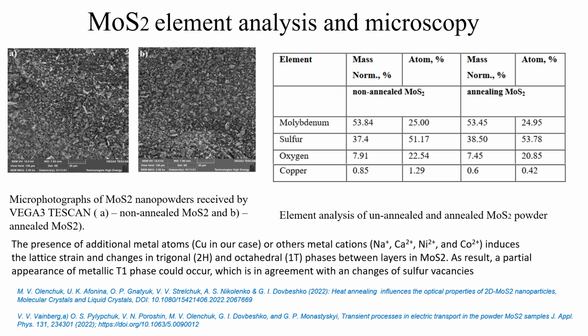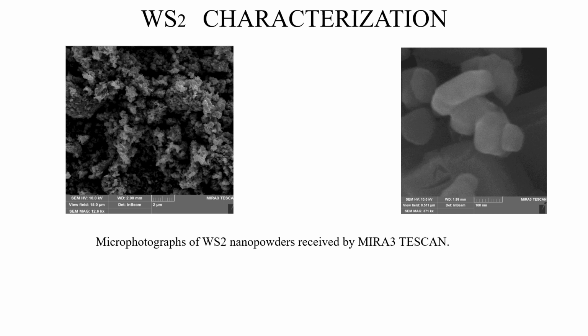Elemental analysis of the pristine molybdenum disulfide sample revealed the presence of sulfur vacancies, oxygen and copper. After annealing, the amount of oxygen, copper, and molybdenum remains the same. Only the amount of sulfur increases, and non-stoichiometry also increases.